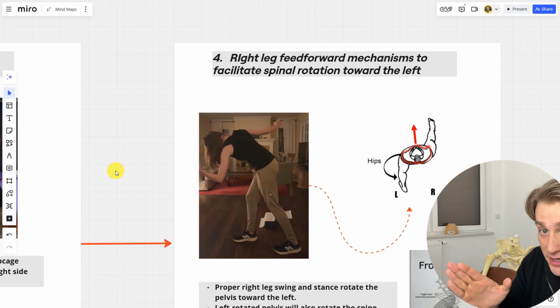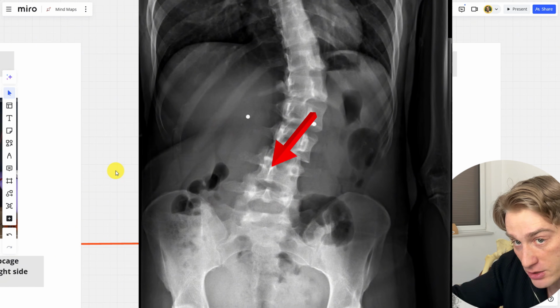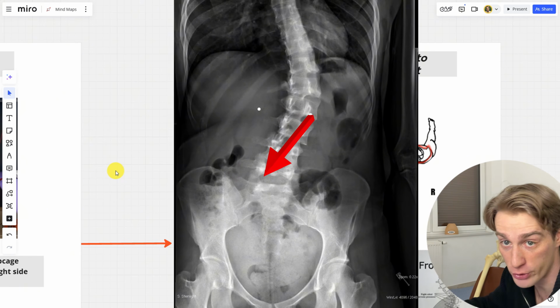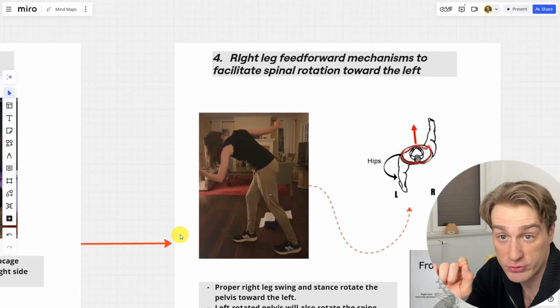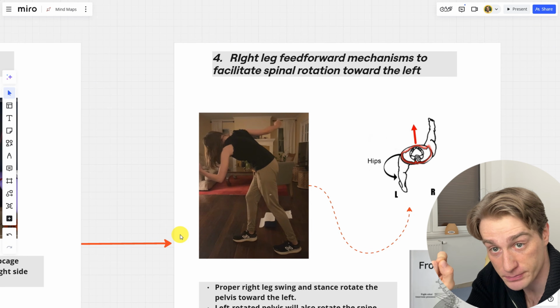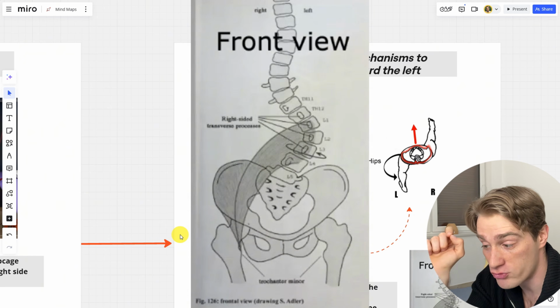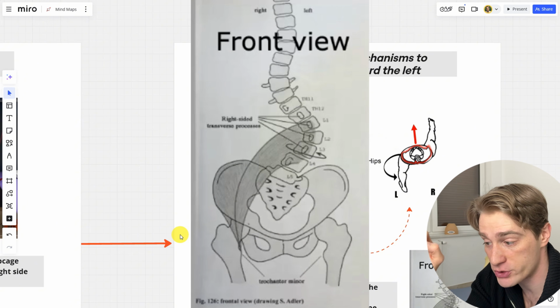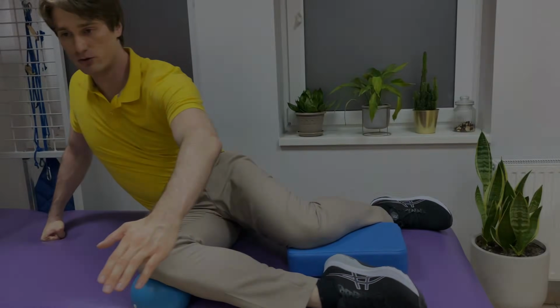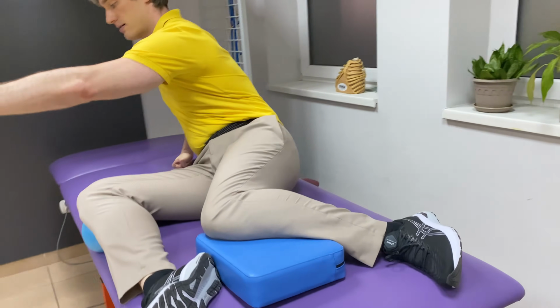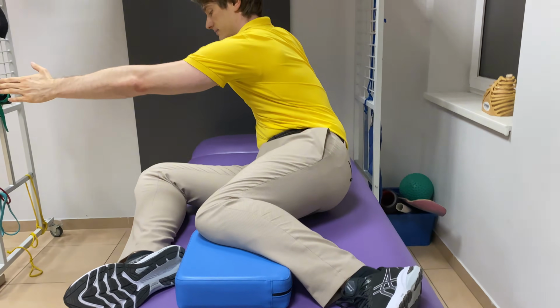So her spine that was previously pointing towards the right will start to point more towards the left. For that matter, we have to use right stance muscles, right quad, right buttock, right hip flexor, which will derotate the spine again.